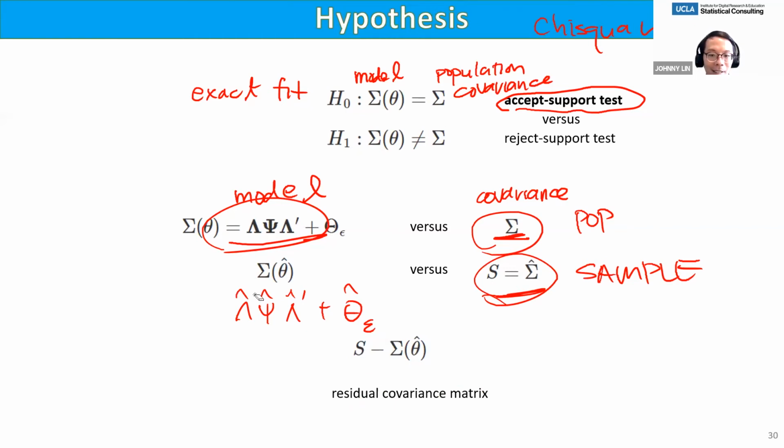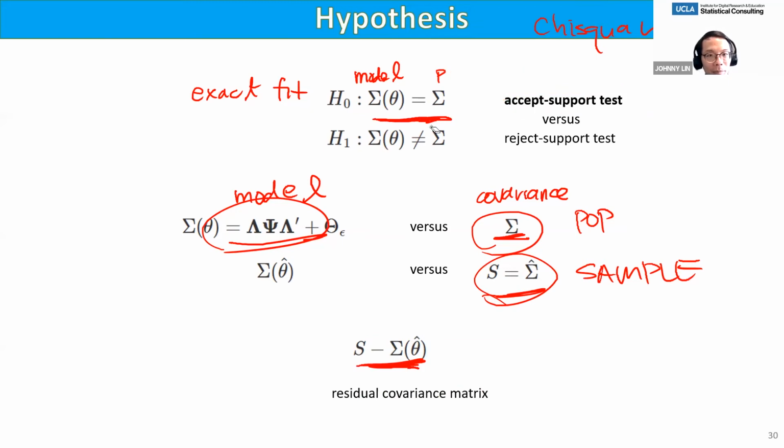Why is that interesting? Because we're trying to say something about the population. What we have is the sample. Now in the population, the corresponding mapping is sigma minus sigma theta.